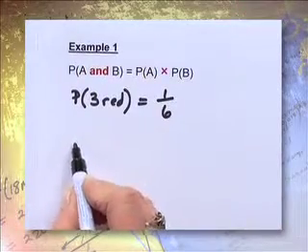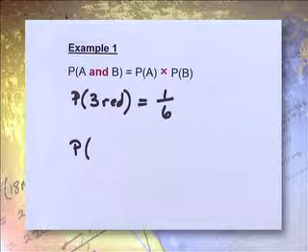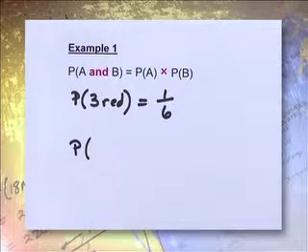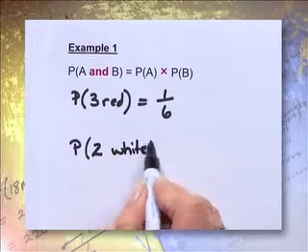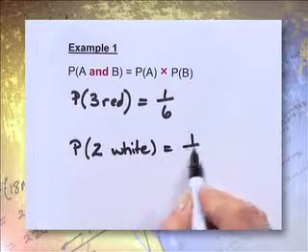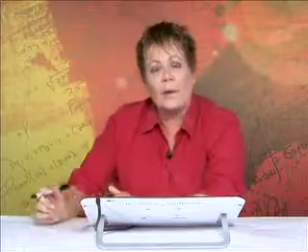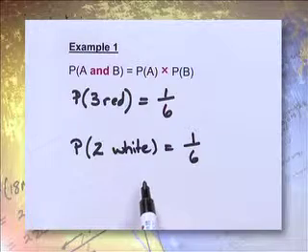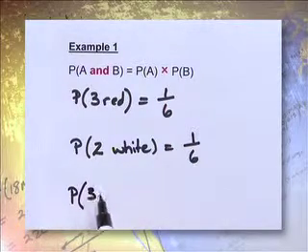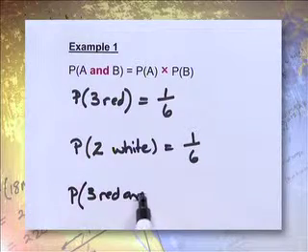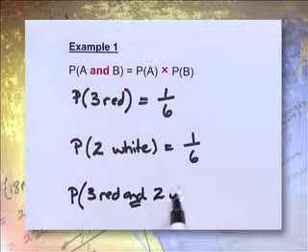So now, what is the probability of throwing our second one, a 2 on the white die? That is also going to give us 1 over 6. So now we're going to have the probability of the two things. Please notice carefully how everything has been set out. So we're going to have the probability of a 3 on red and a 2 on white.